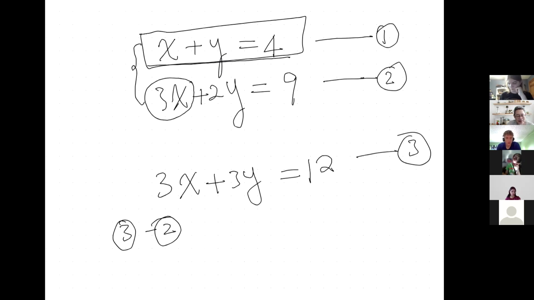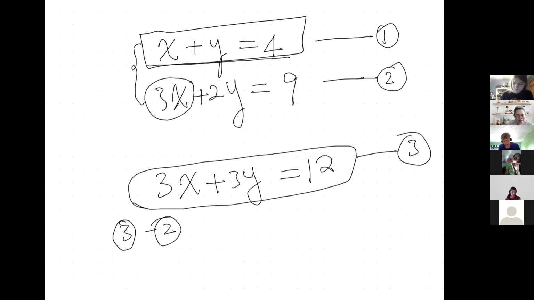Now, why do I use times 3 on both sides for the first equation? Why do I times 3 on both sides of the equation? Because you're trying to create common variables so you can subtract one from the other. Which one?